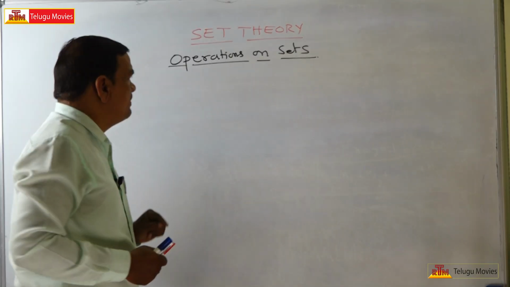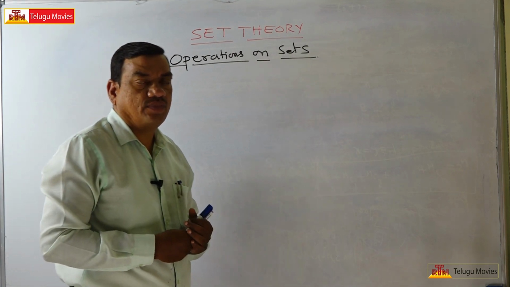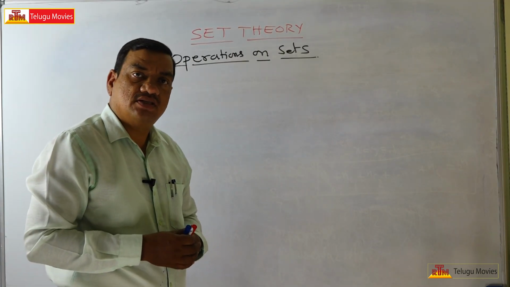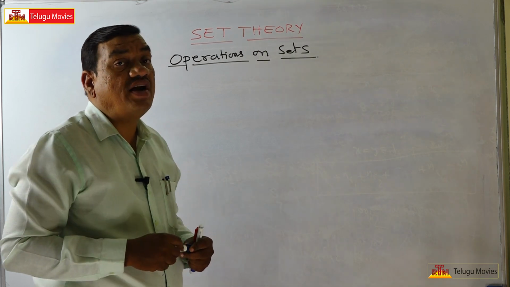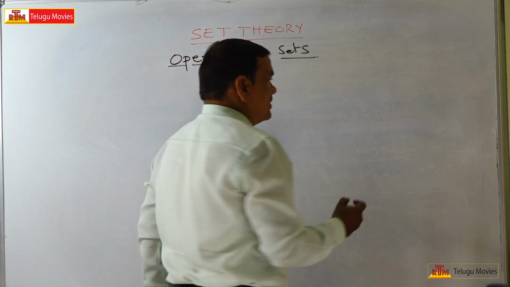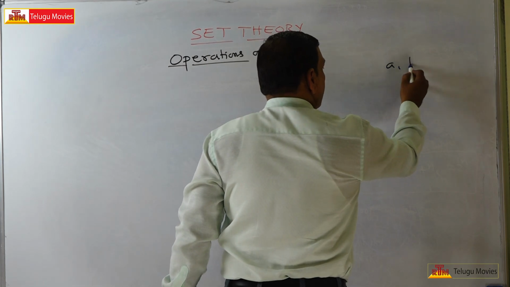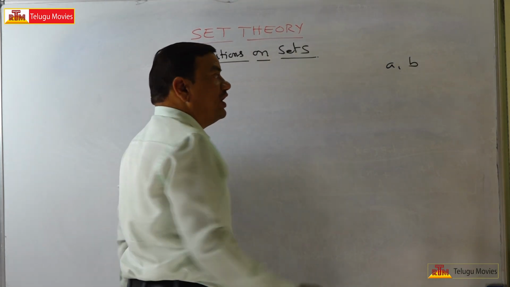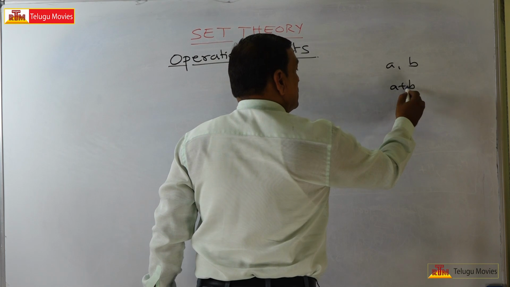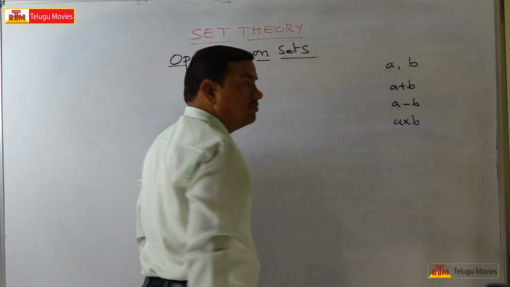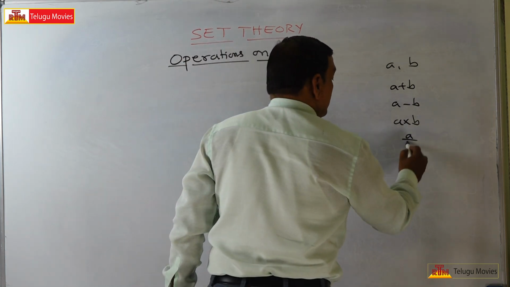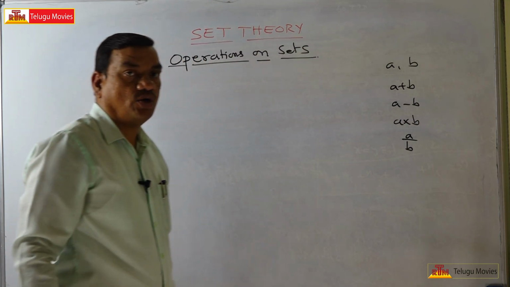What is meant by operations on sets? Given two real numbers, we know there are four fundamental operations on real numbers. For example, if any two numbers A and B are given, we know the addition of numbers, the difference of numbers, the product of numbers, and the division of numbers, of course when B is not equal to 0.